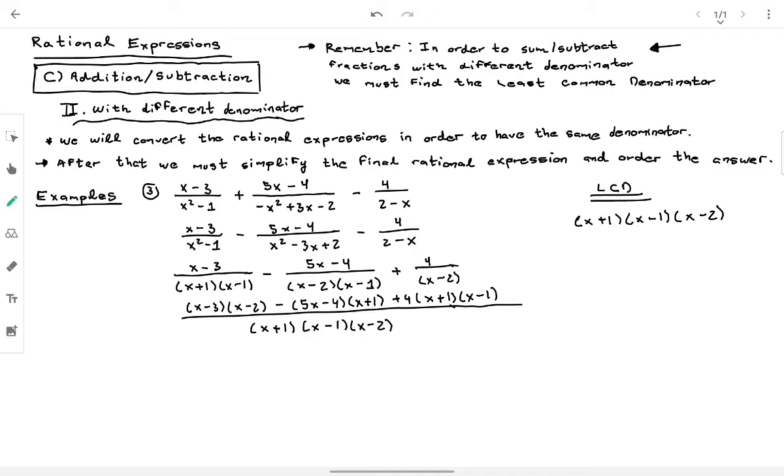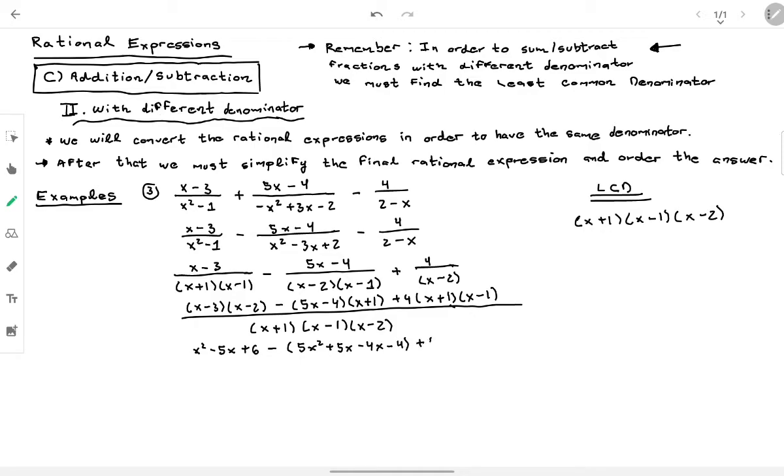Don't worry about it. On the first parenthesis, it's going to be x squared, then minus 5x plus 6. Then it's going to be minus. Here we can multiply every term, and it's going to be 5x squared plus 5x minus 4x minus 4.